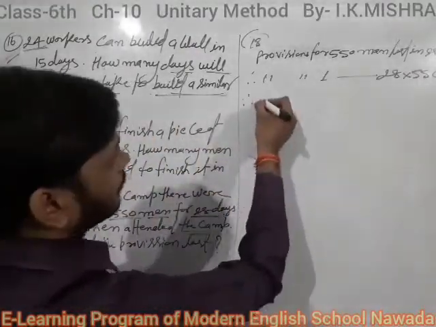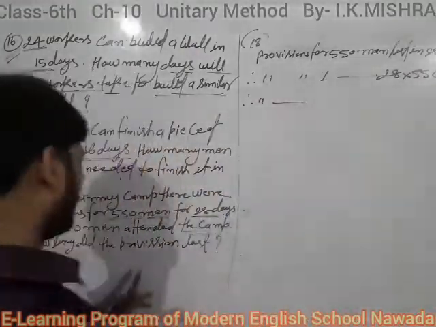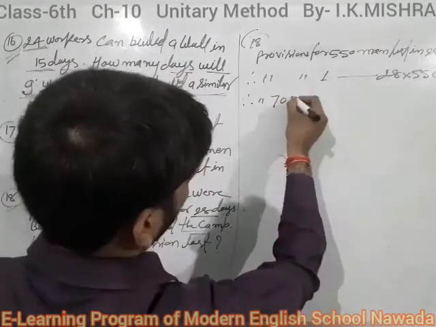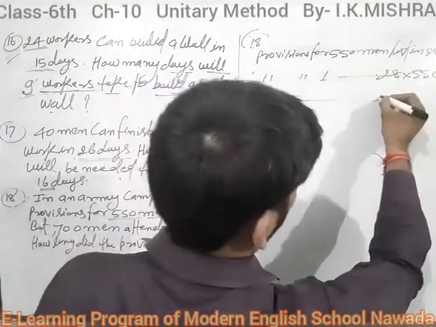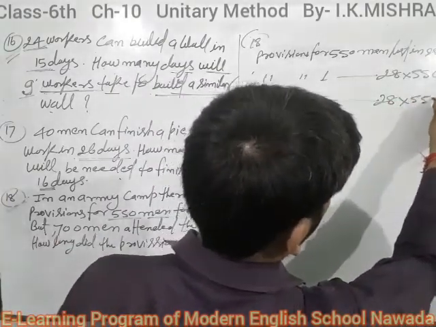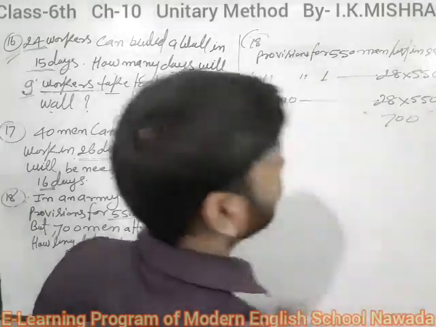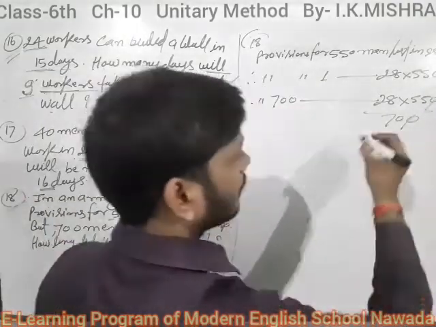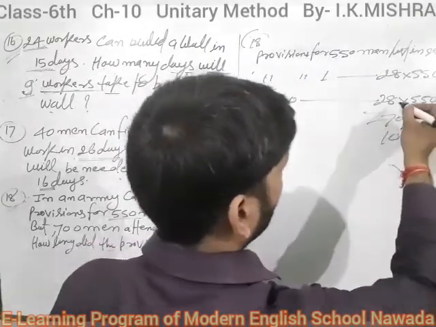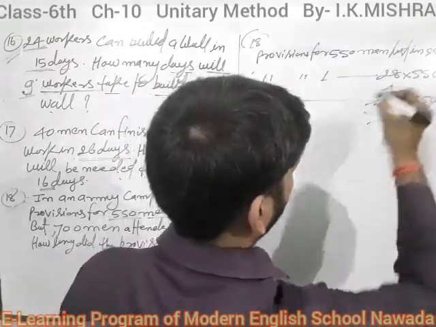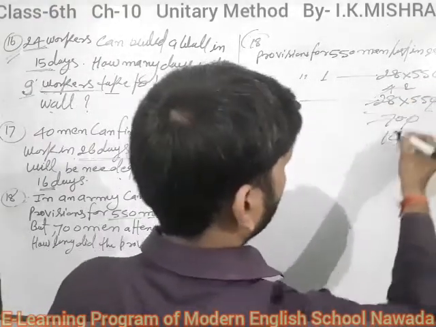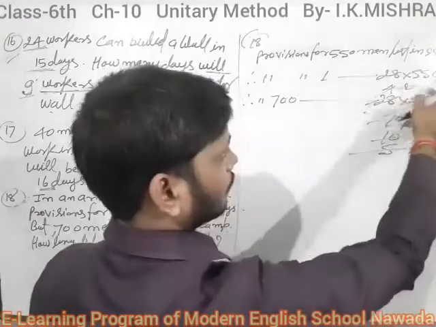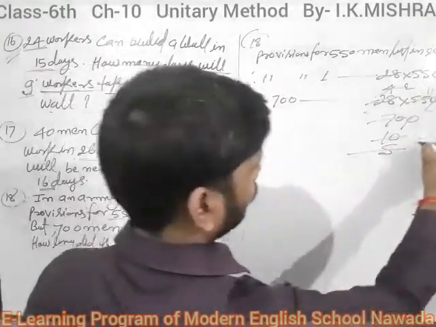So students, provisions for how many men attended? 700 men. Provisions for 700 men, here 28 into 550 by 700. Students, here divided, 0 cancel, here 7 10 times and here 7 4 times. Now 2 times and 5 times, here 11 times, and multiply 11 into 2, so it is equal to 22.